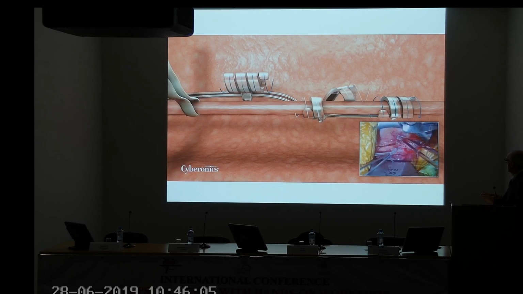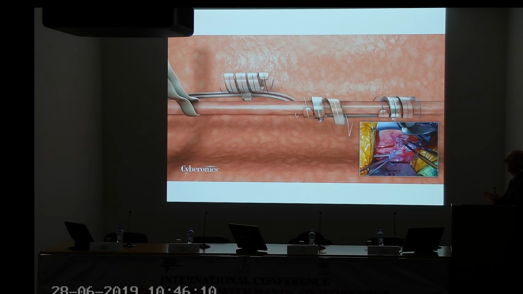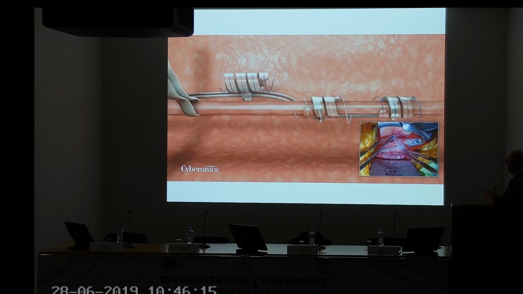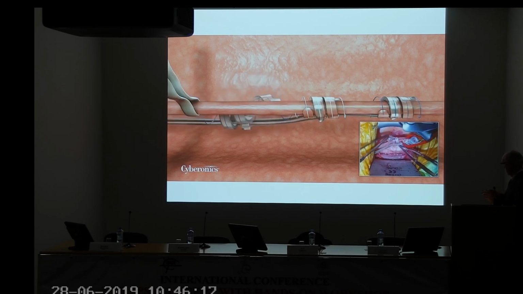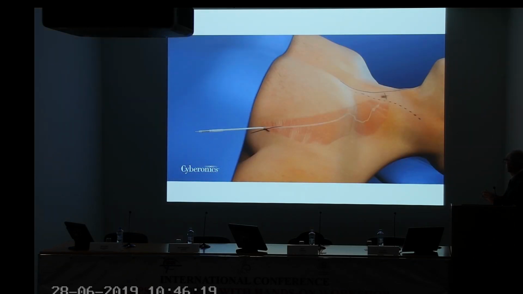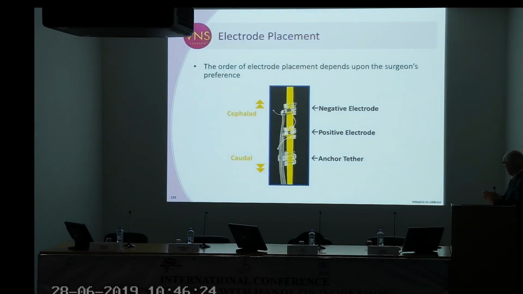At the end, you will have three of them, and I will immediately explain the function of each of them. The lower one is just an anchor. The middle one is a positive electrode, the upper one is a negative electrode. What does it mean?